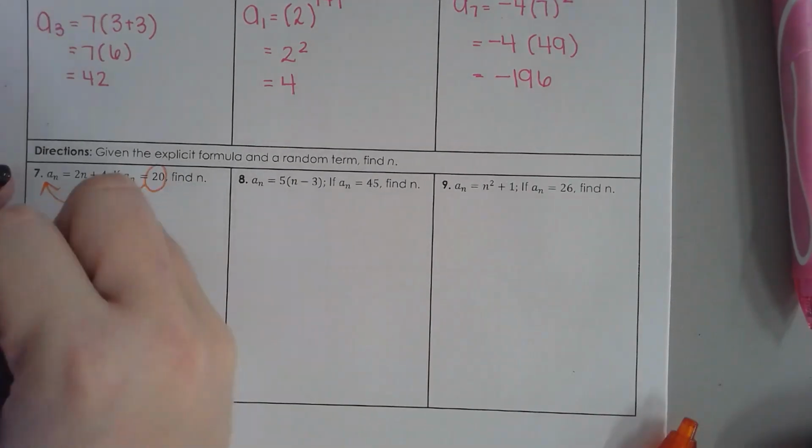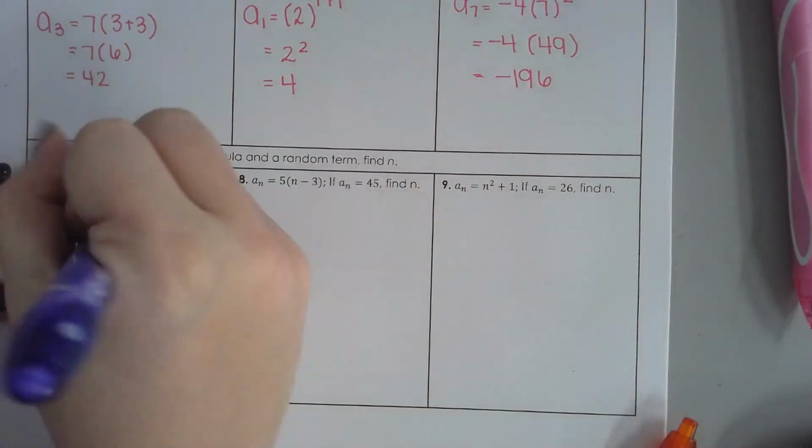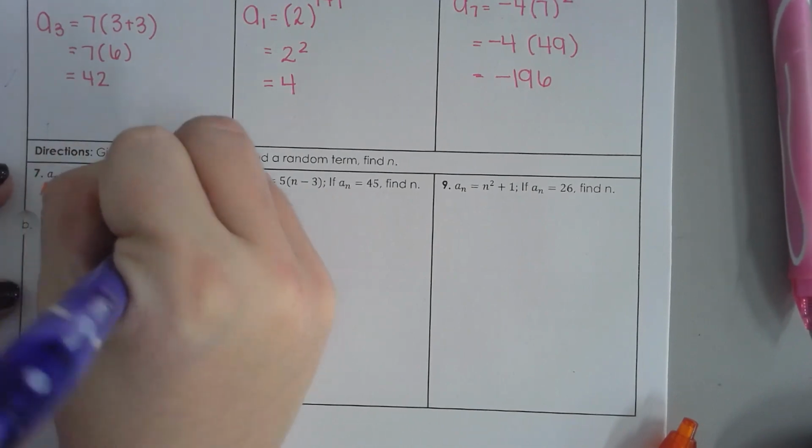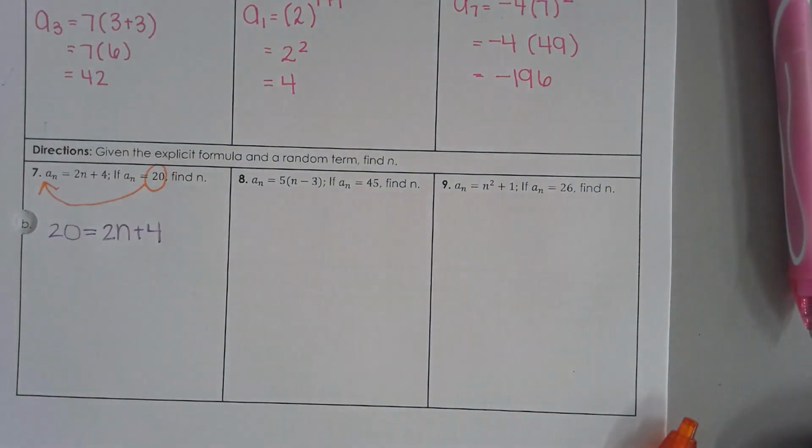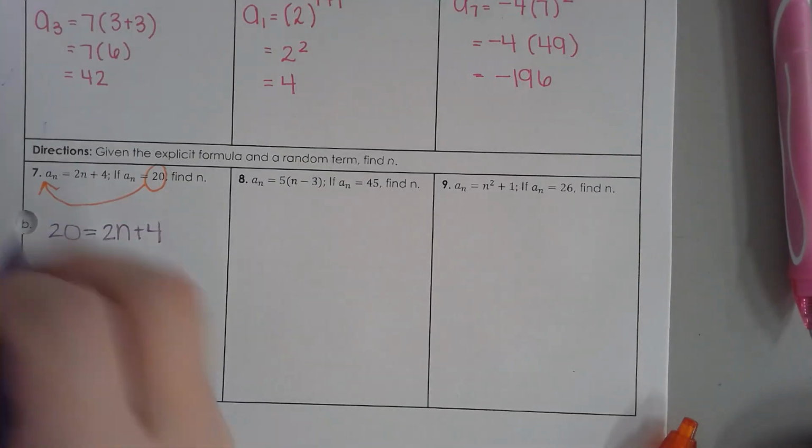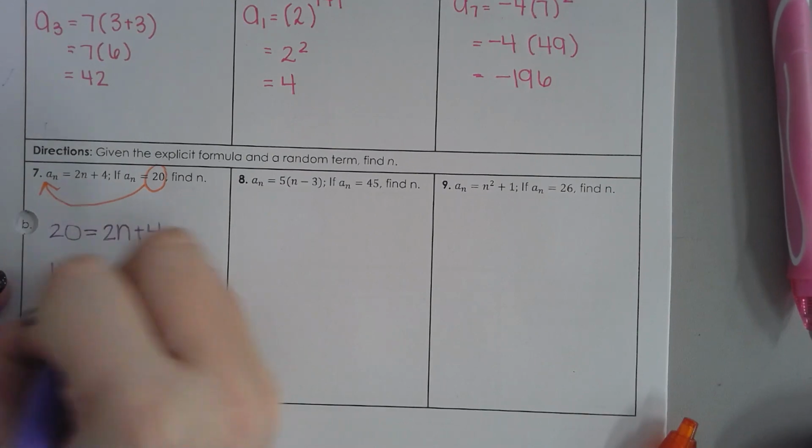So we're going to do 20 equals 2n plus 4. So I'm not asking you to find the 20th term. We're not plugging in 20. I'm telling you 20 is one of the terms. Which term is it? So this would be 16 equals 2n.